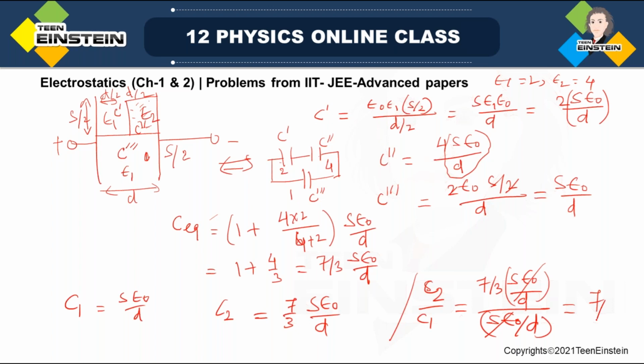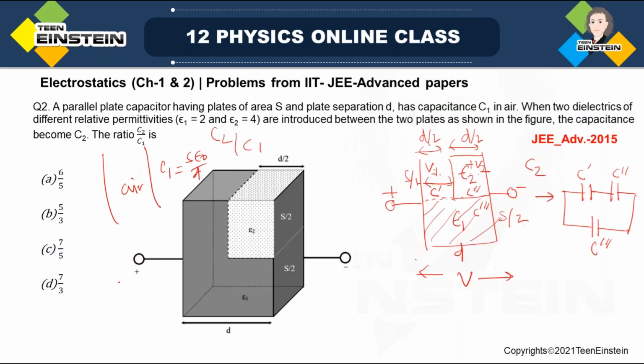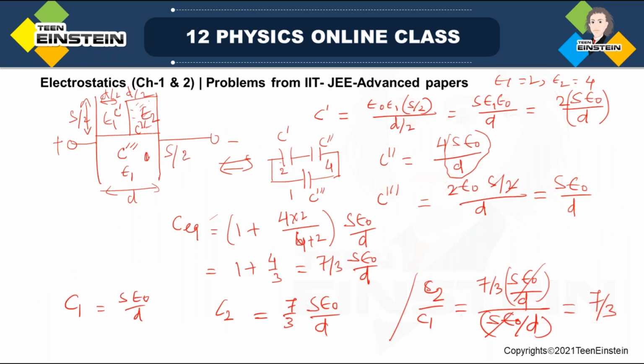So C2 by C1 is equal to 7 by 3. So let us see the options. The fourth option, option D, will be the correct answer for this question. Okay, I hope you have understood this.